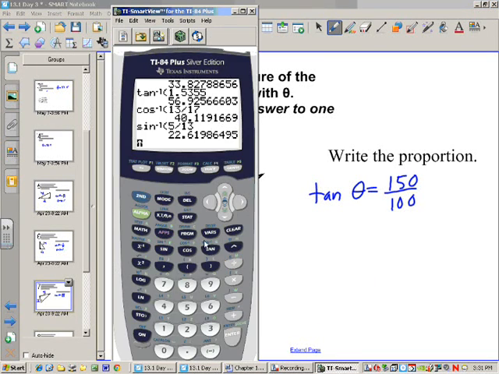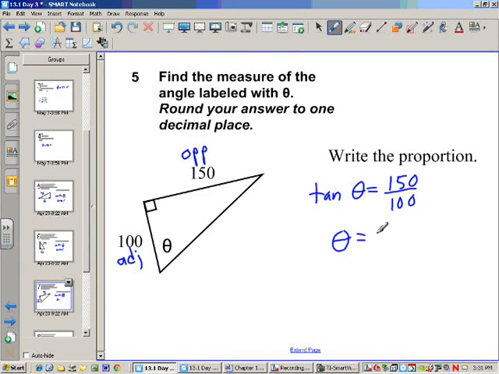So I'll bring up my calculator. Second tangent, 150 divided by 100. Enter. Theta is 56.3 degrees. That's 56.3. My computer ran those together.